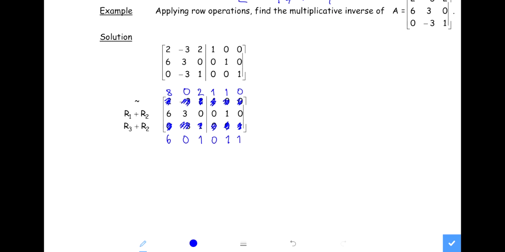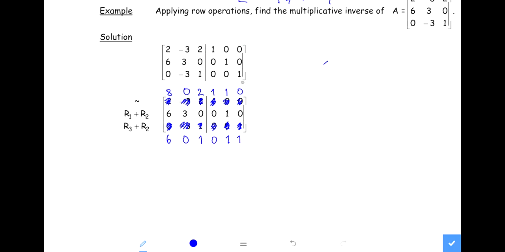Next one. What do I want to do? Let me think a bit. I have this one now. The next number that I want to get rid of would be right here, because at the end I want to have this one.